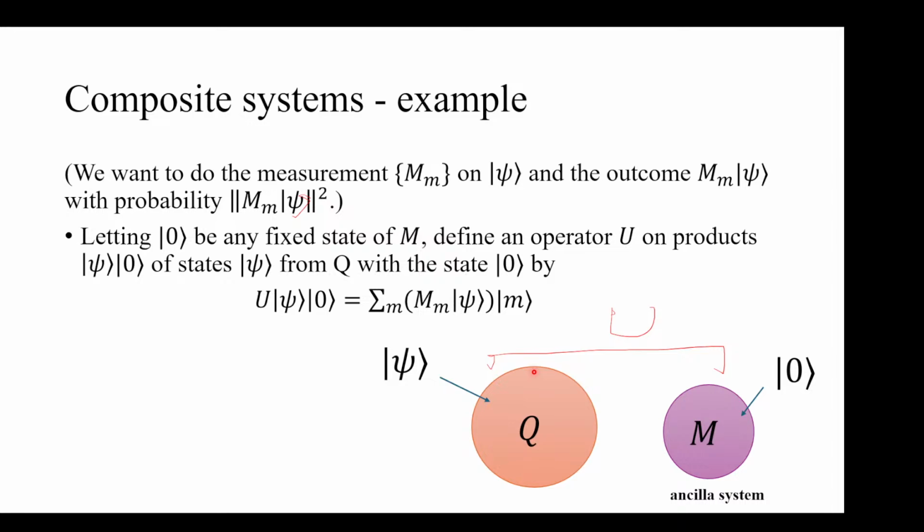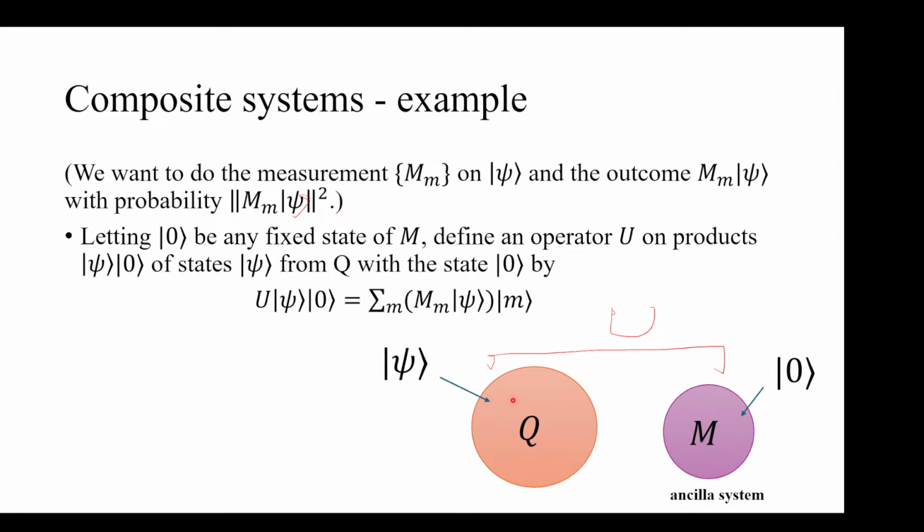This is a little confusing. We want it to be the summation over m of M_m psi tensor m. The intuition here is that we want the post-measurement state to be M_m psi on this system.